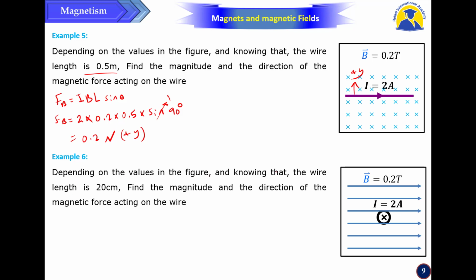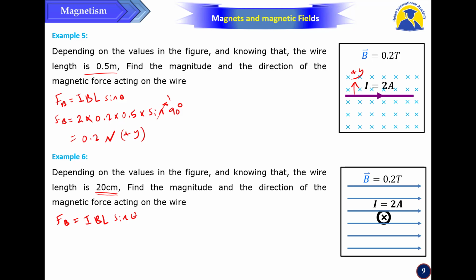Example 6. Depending on the values in the figure and knowing that the wire length is 20 centimeter, this one needs to be converted to meter, find the magnitude and the direction of the magnetic force acting on the wire. From the figure, it's clear that the direction of current is inside the page. So the wire is perpendicular with the page. So here, FB will equal I B L sine theta. We use the same formula. If we don't know the length, then we can find the force per length.